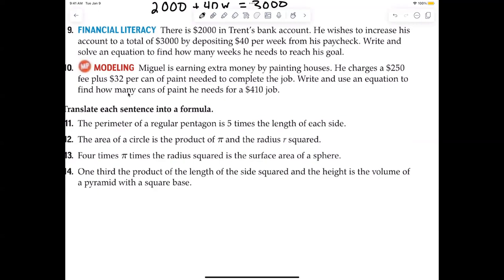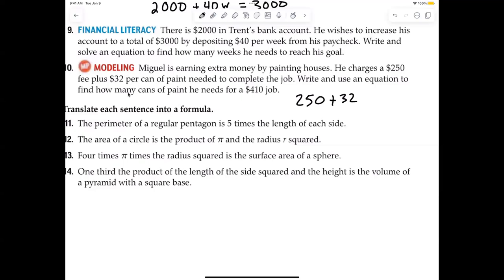Perfect. What am I going to do with that? Yep. Plus 32 what? Per. So what am I going to write? Do you agree we don't know how many cans we're going to use, right?